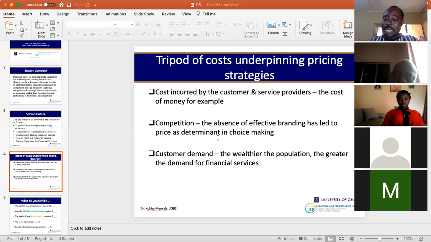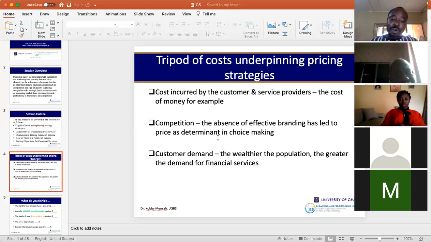But having understood how much it costs you to produce, in order to add your markup, that alone is not enough because you could price yourself out of the market. Are you with me? So you've got to have these considerations in mind. That's why we say the tripod of cost underpinning pricing strategies. These would inform you what kind of pricing strategy you must adopt.